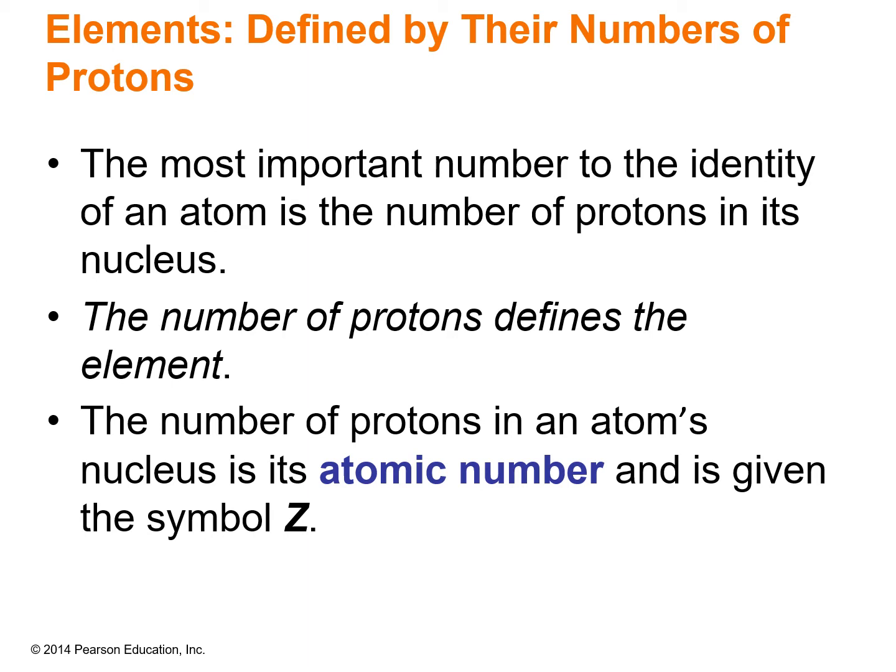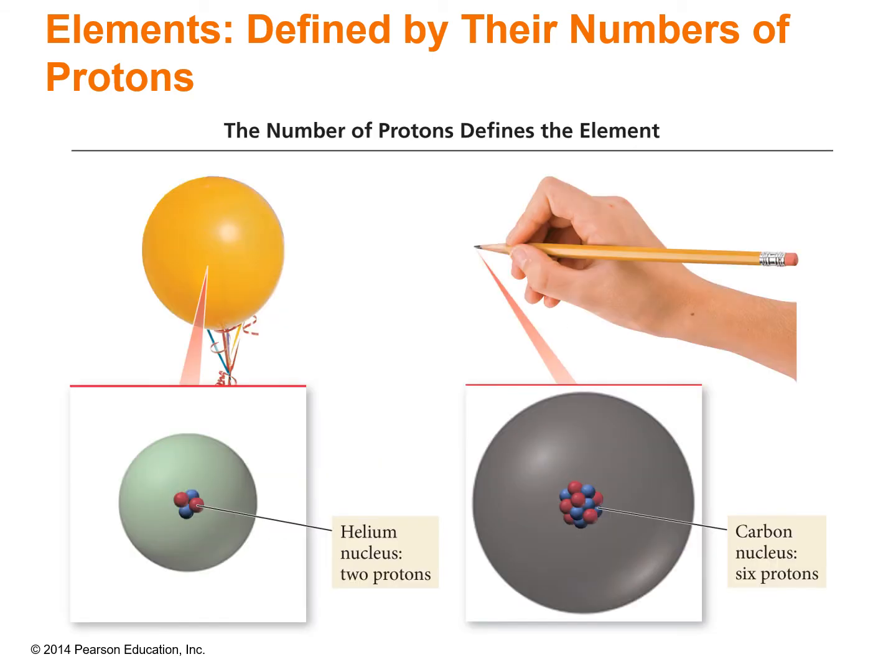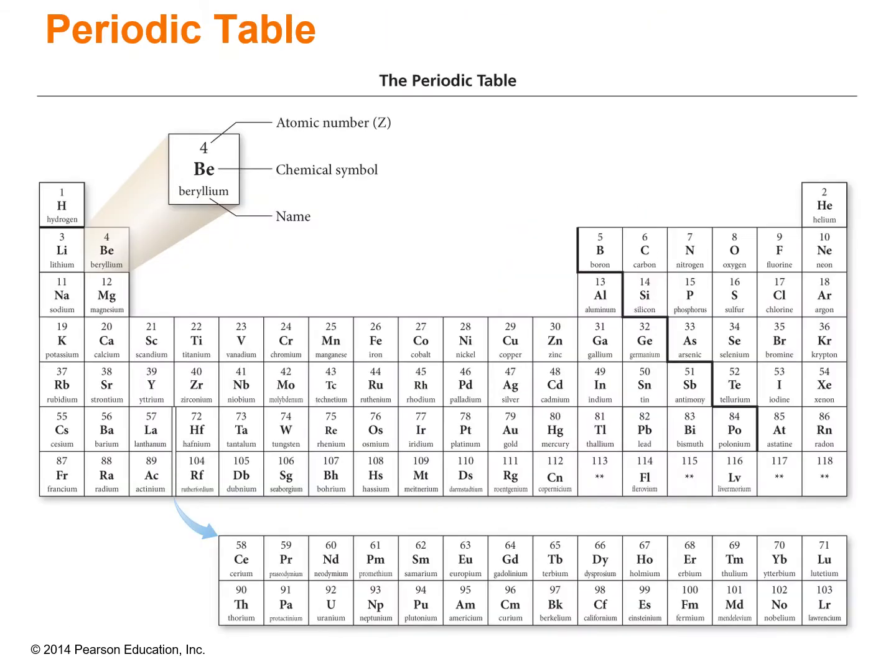So remember, atomic number is going to be on your periodic table. In the box on the periodic table, that top number is your atomic number, which is your Z, then it has your chemical symbol, and then the name. And it isn't shown on this periodic table, but you generally have the average atomic mass located on here as well.